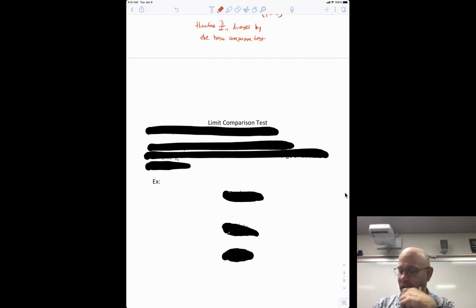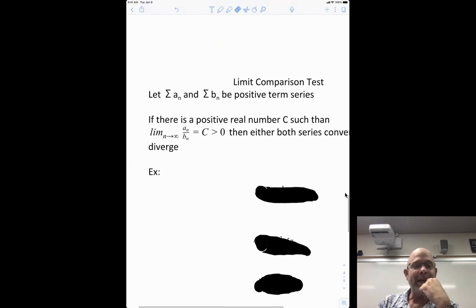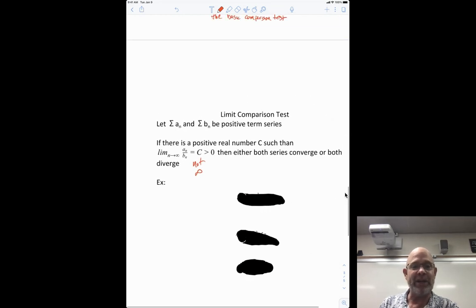So this is called the limit comparison test. The limit comparison test says if you have 2 series and you take the limit as n approaches infinity of one over the other, it doesn't matter which one's on top, which one's on the bottom, and you wind up getting a number that's greater than 0, not infinity, where C is a real number, then the series are going to do the same thing.